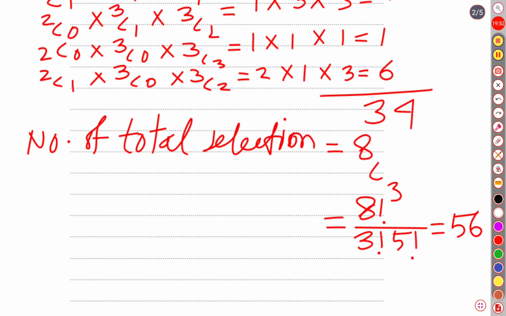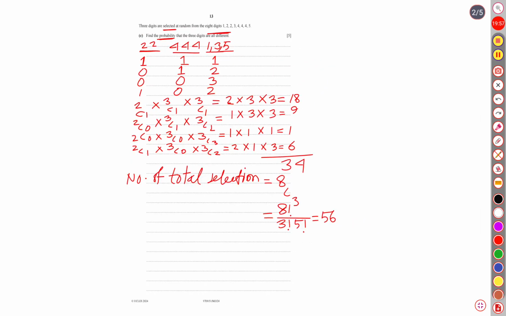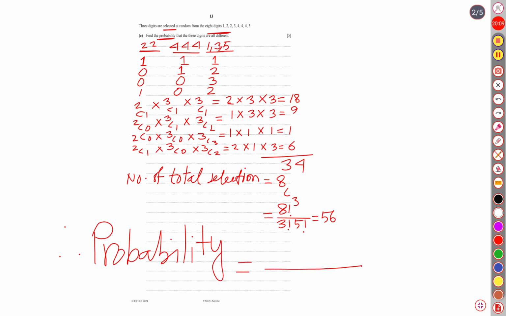Now we will find the probability. Okay, our probability is going to be, let's write the probability. You know how to find the probability. That means required selection will be divided by the total selection.